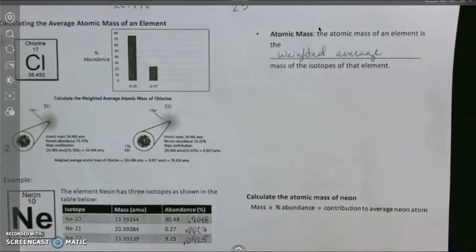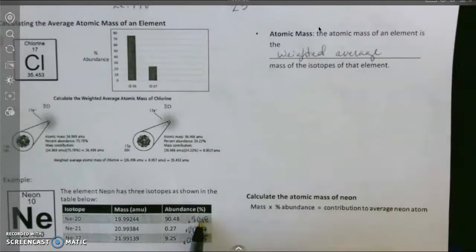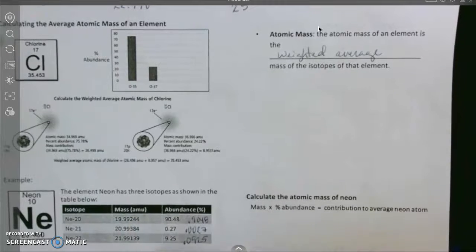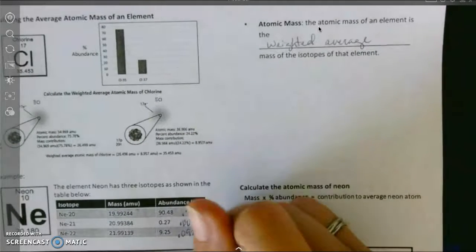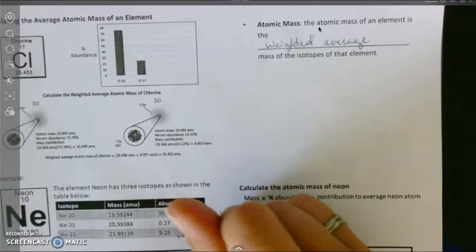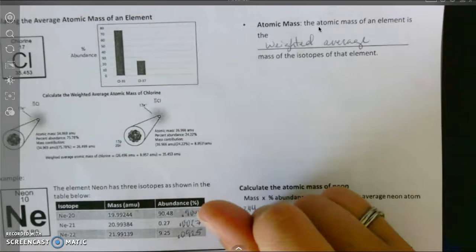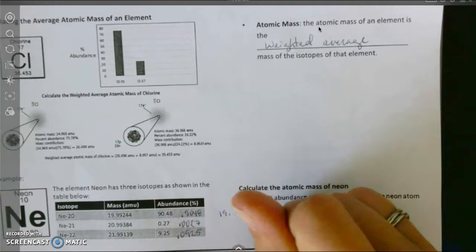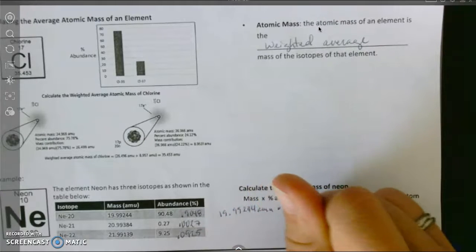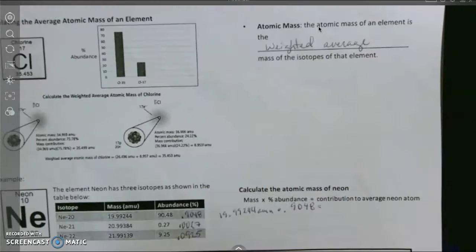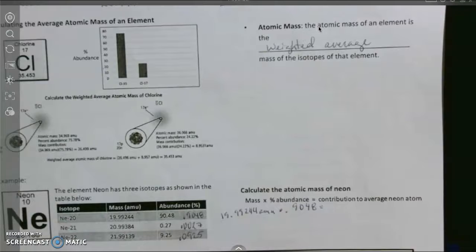We're going to multiply each by its mass, and then add all of them up. So we're going to take the mass of 19.99244 AMU, and multiply that by 0.9048.